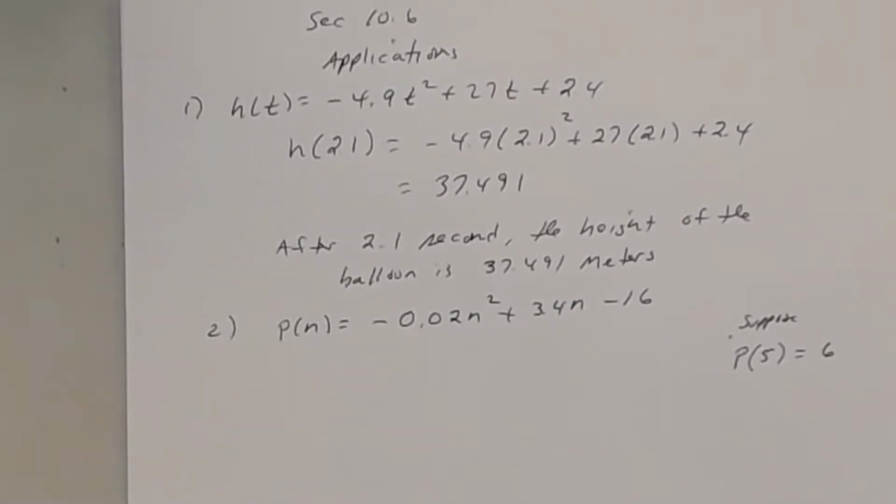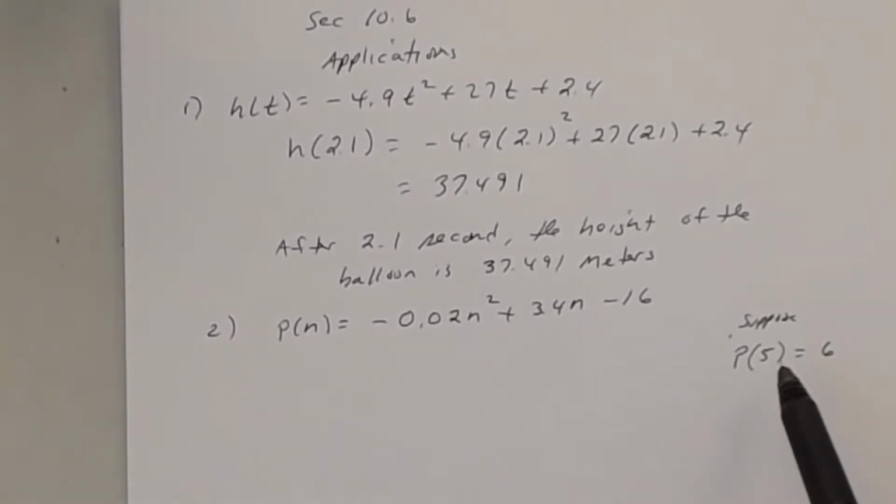If I interpret this, remember 5 stands for which letter? N. So 5 is the number of units. But remember, the number of units is also in thousands. So this is not really 5 units, this is 5,000 units.